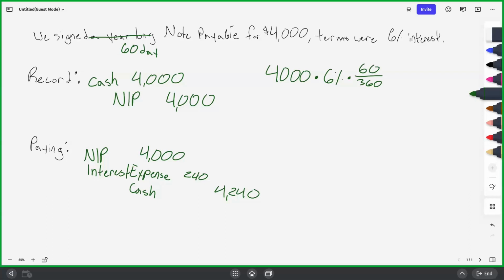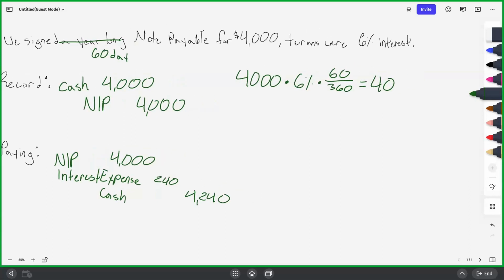The reason why is we're using banker days. 360 is banker days. Since the year fluctuates so much, they use just 360, 30 days for each month. That's the only reason they don't use 365. So instead of 240, we know we have $40 of interest.